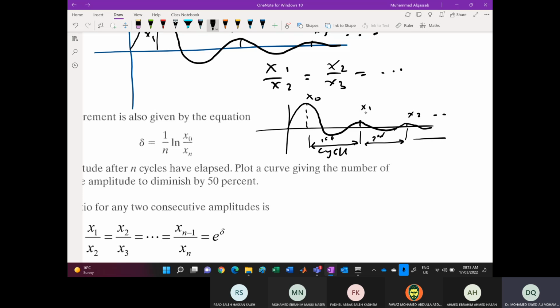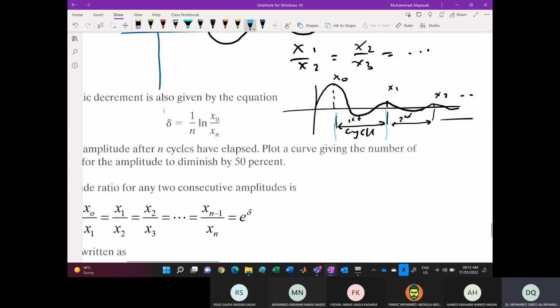So x0 and x1 are separated by one cycle, n equal to 1. If you want to relate x0 and x2, it means n equal to 2. So x0 is the amplitude at the beginning of each cycle. A cycle is from here to here. What is its amplitude? It is the first value at the beginning of the cycle.